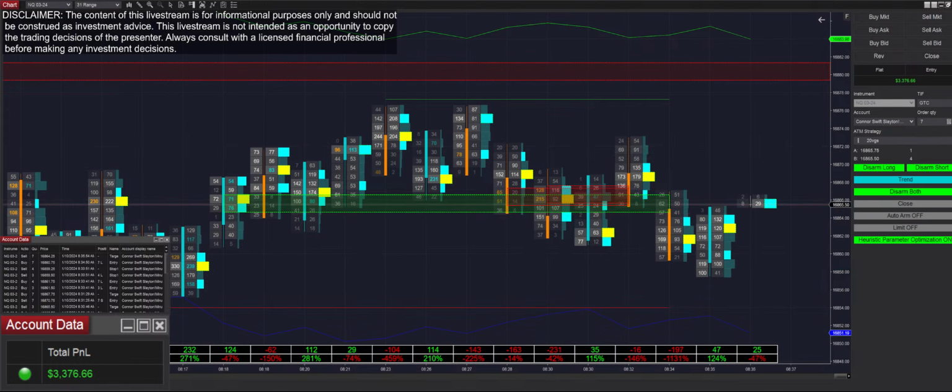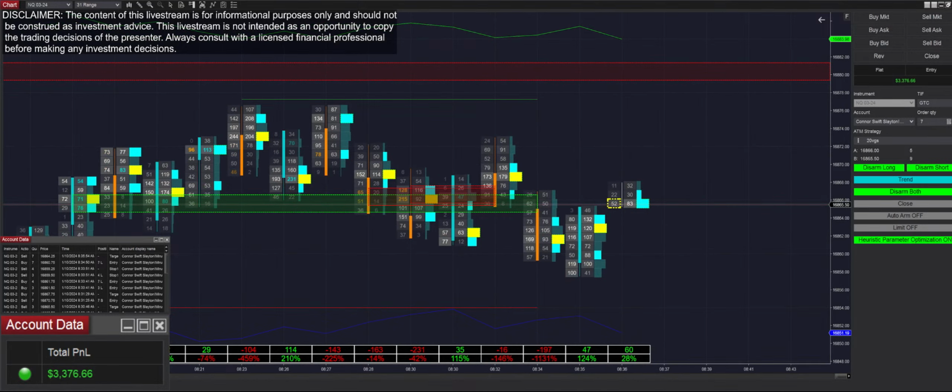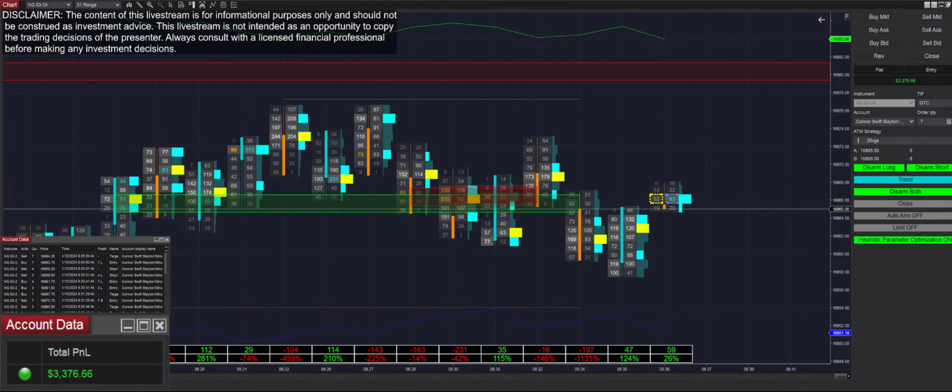All right, back up to 3,300 on the day. And we have eliminated that zone there, so this has not put us into a range. Not totally sure what's going on with the chart there, but we should be good now.